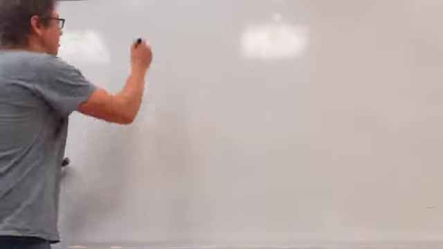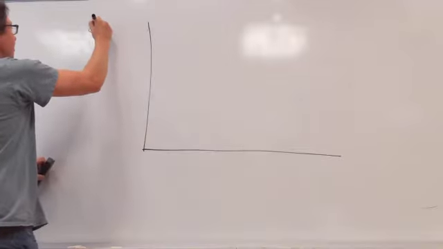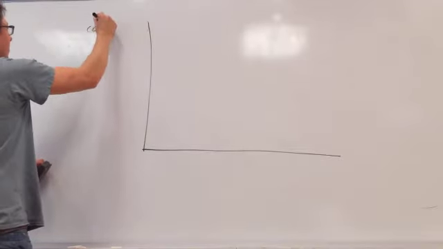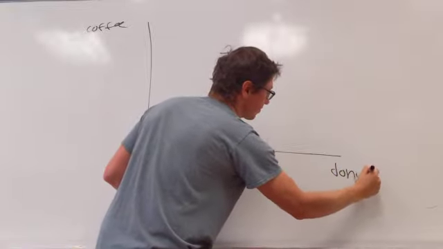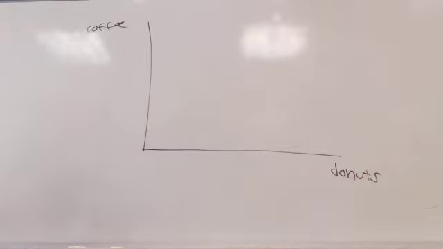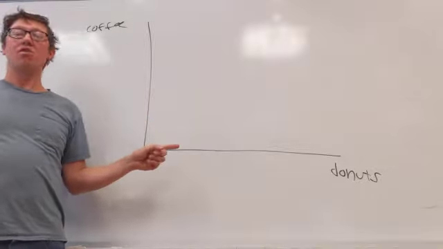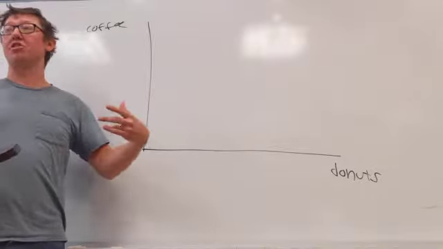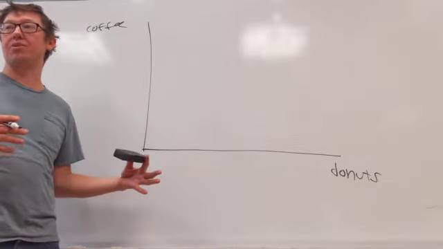So you start with the same axes. We'll put coffee up here, and donuts down here. Every point in the plane represents a bundle of coffee and donuts, just like it did in the budget constraint world.